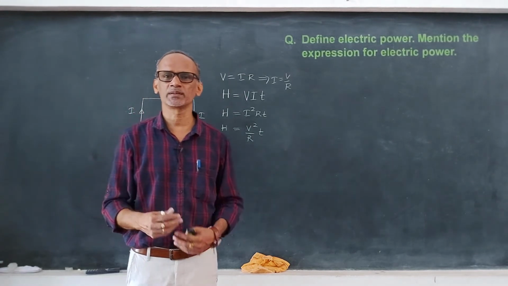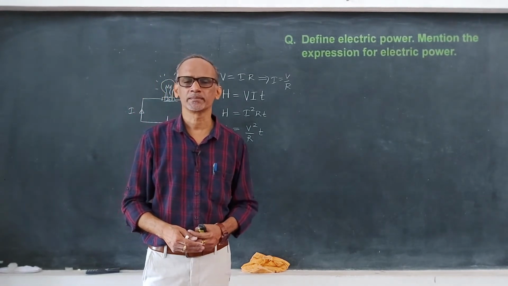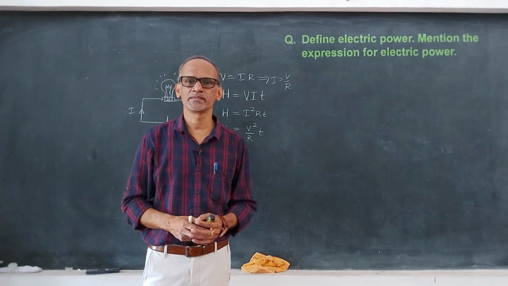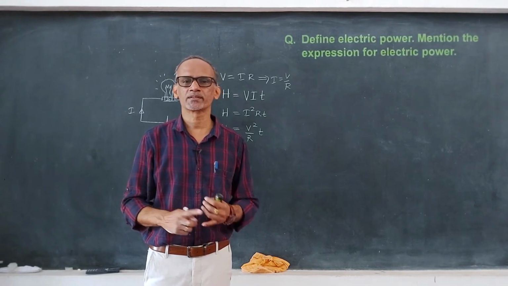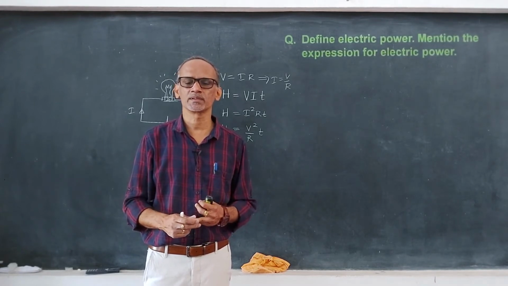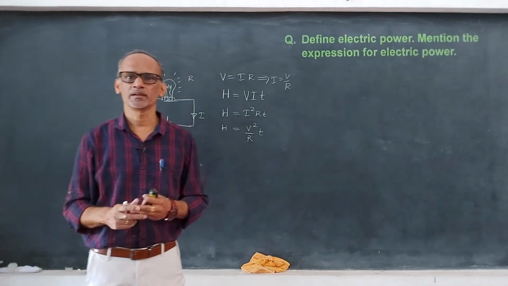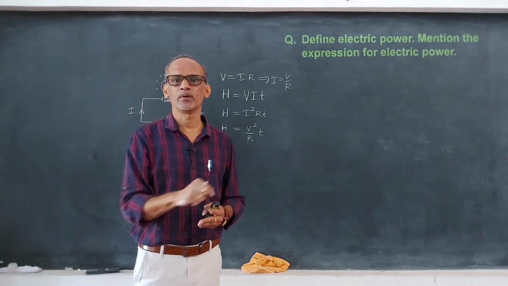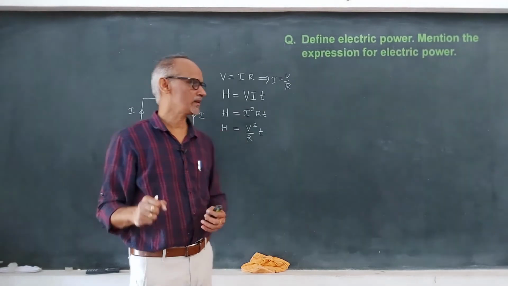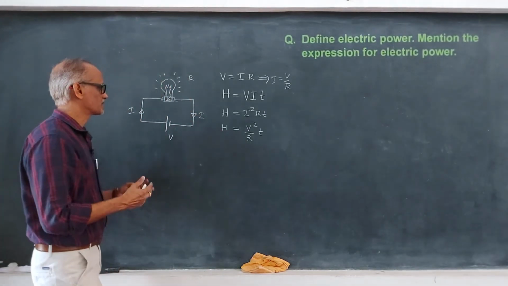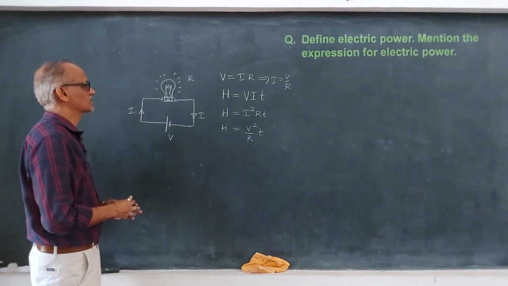When we pass current through a conductor, it generates heat, and this principle is used mainly in the electric heater. We also use it in the filament bulb, and most importantly in an iron box. In an iron box, we use this principle of heating effect of electric current.